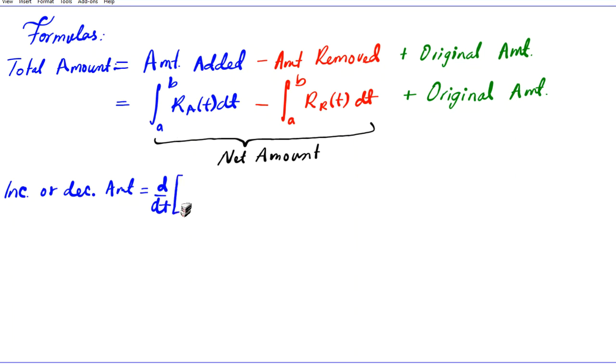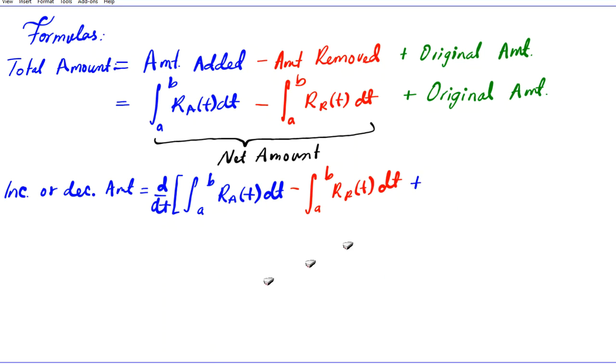So we differentiate with respect to time the amount added: the integral from a to b of the rate of addition, dt, minus the integral from a to b of the rate of removal, dt, plus the original amount. Just by executing these steps, we're going to end up with a very elegant result.